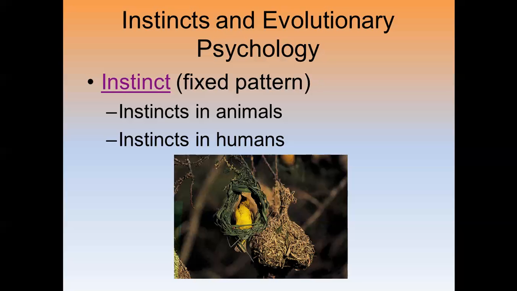So humans are going to build complex houses. The people's behavior is flexible. They can learn whatever skills they need to build a house, but the bird's behavior pattern is fixed. It can only build this kind of nest. So what's important about instincts in animals is that they can't deviate from it, whereas humans can deviate from an instinct and change it. It's adaptable.